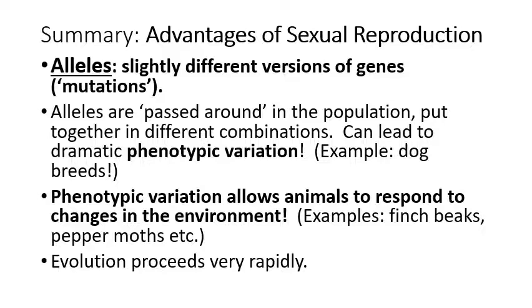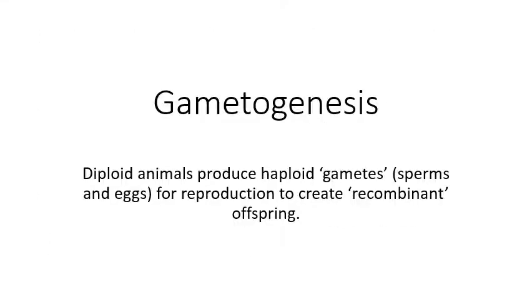It's driven by having mutations that can then be mutant alleles that can then be put together in different combinations, leading to phenotypic variation. So the advantage of sexual reproduction is that evolution proceeds very quickly.